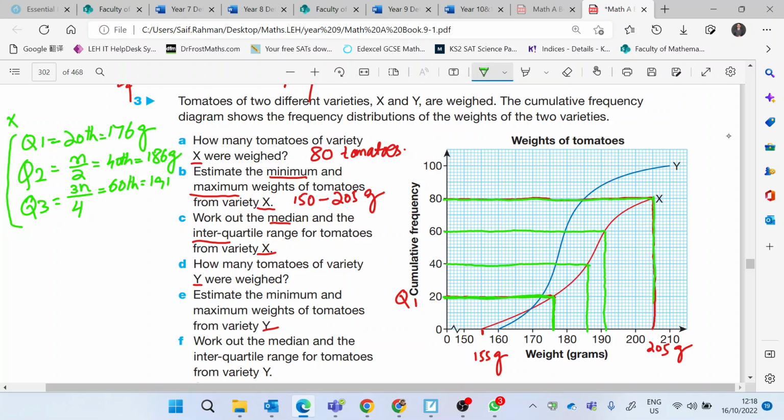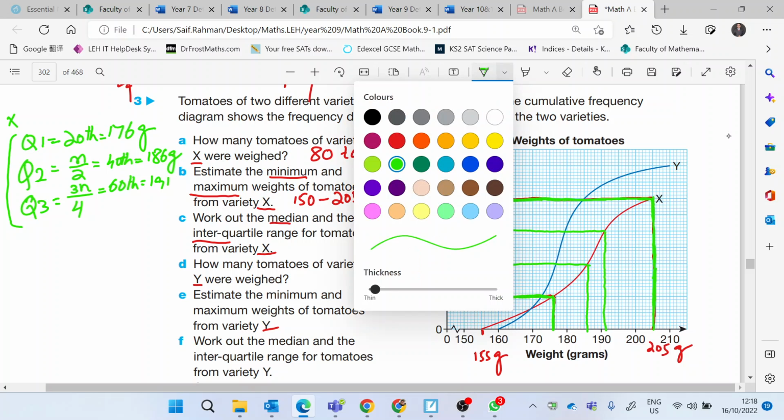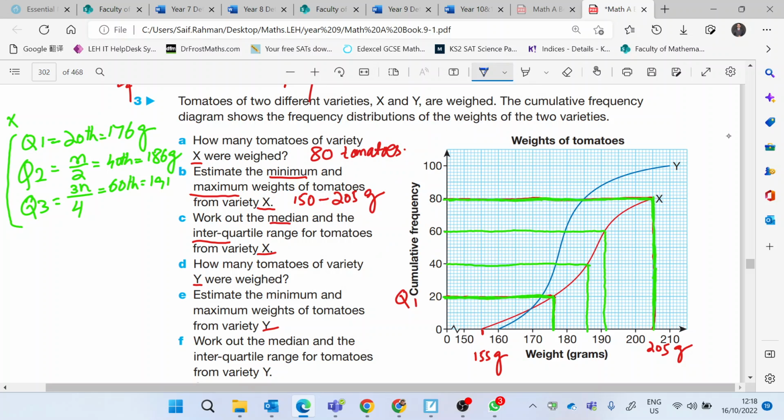Okay, I draw all the values of X with a green line, and now I'll change the color to blue.